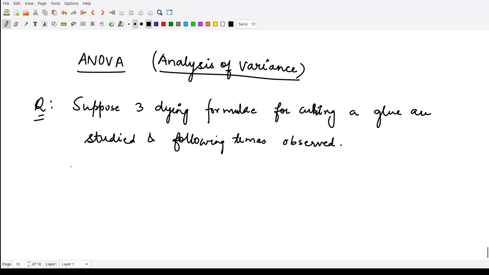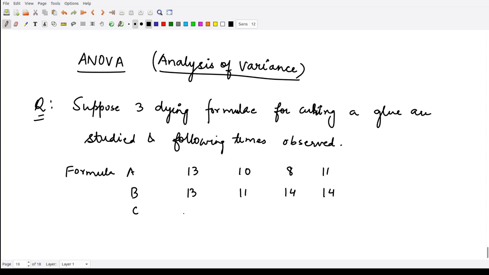That means you are given formula A, formula B, formula C, and corresponding to this the time for dyeing were noted. For formula A it was 13, 10, 8, 11. For formula B it was 13, 11, 14 and 14.